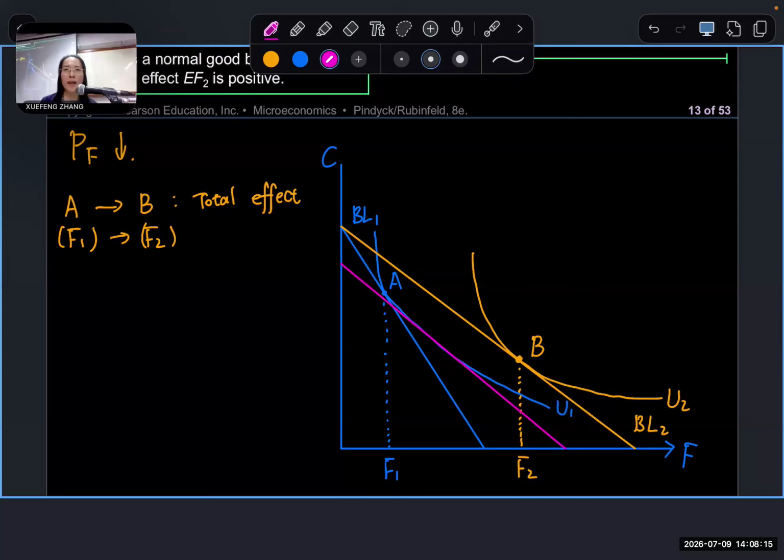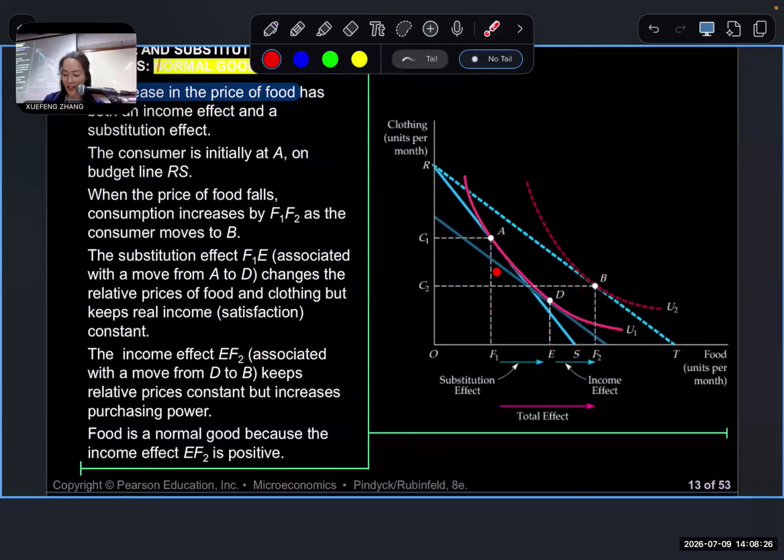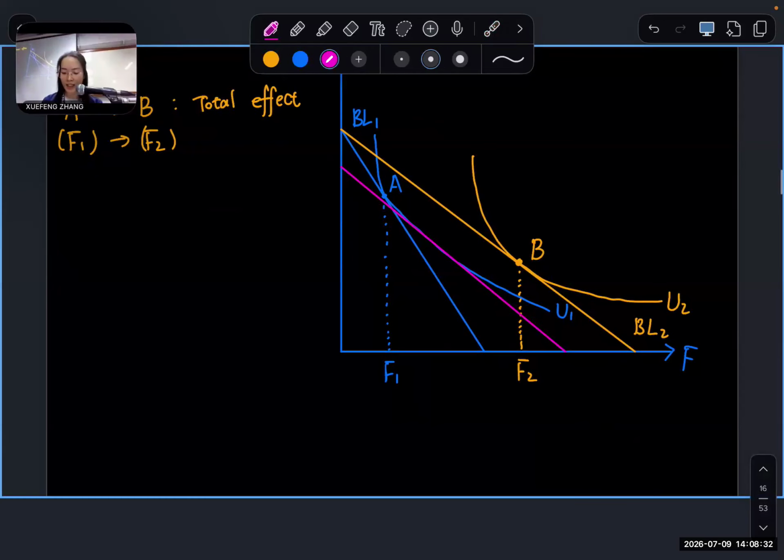Okay, so the pink line is the imaginary budget line. Here, in our example, it's the light blue line, but here I use pink. So here I'm gonna have a new point, right? But basically we cannot observe this point because it's imaginary.